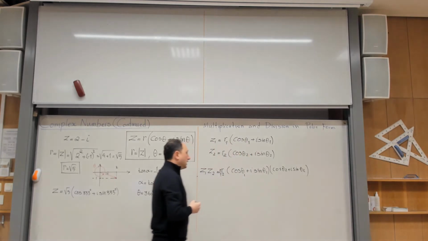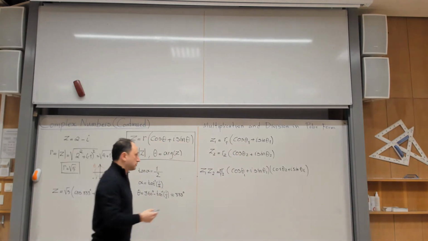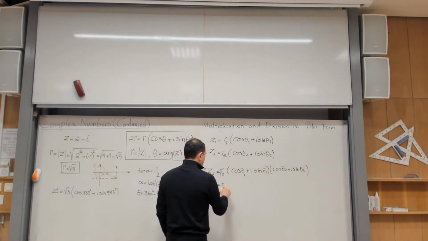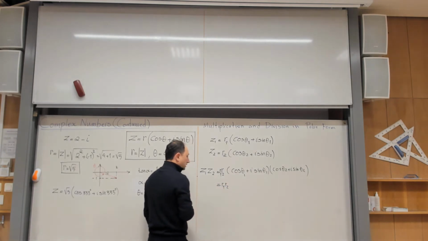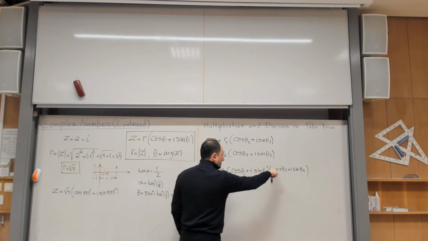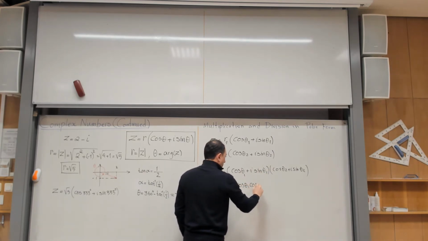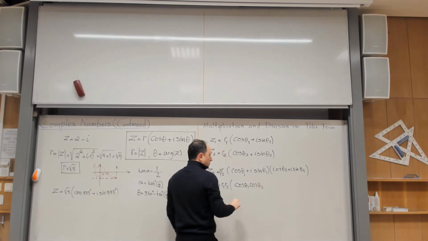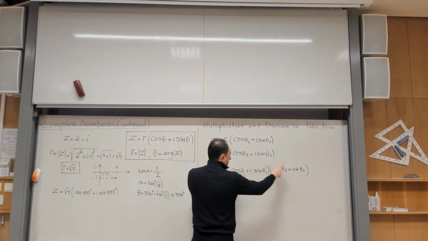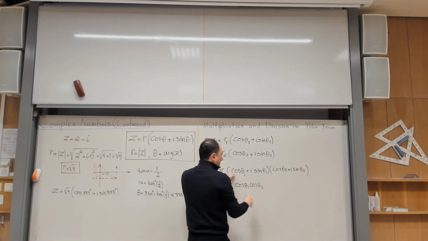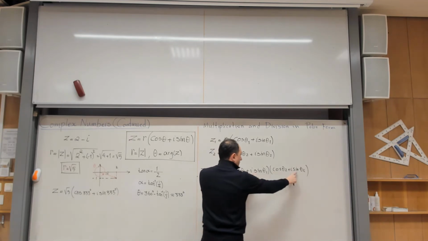I start multiplying as usual. So I will keep r1 and r2. Be careful, r1 and r2 are real numbers because they are absolute values. But then I multiply this by that, it becomes cosine theta 1 cosine theta 2. If I want to keep the order I should multiply this by that, but let me multiply this by that first.